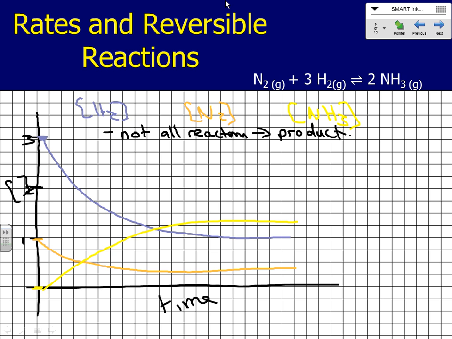A very important point of time is where the graph flattens out. At this point in time and beyond, and I'll make the line maybe a little longer, we say it is at equilibrium.